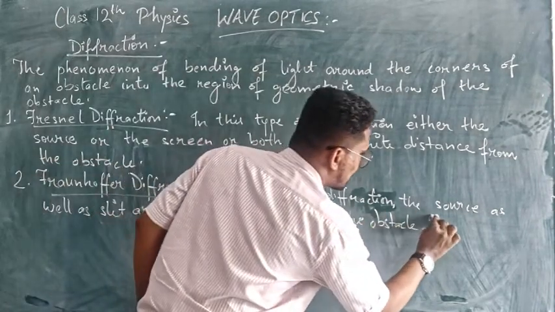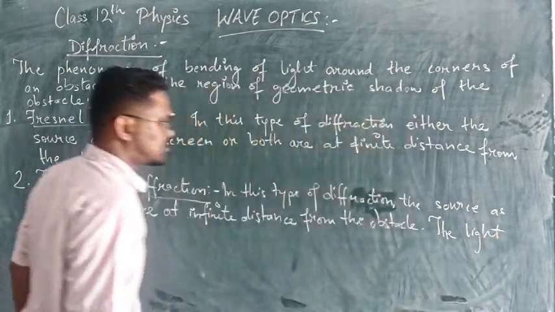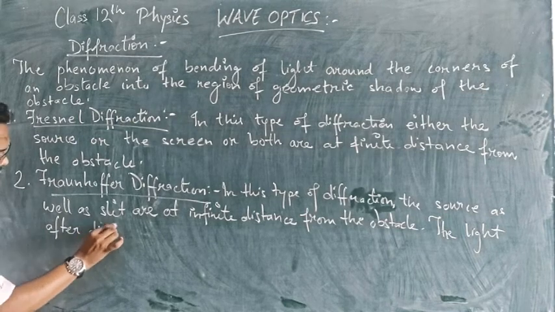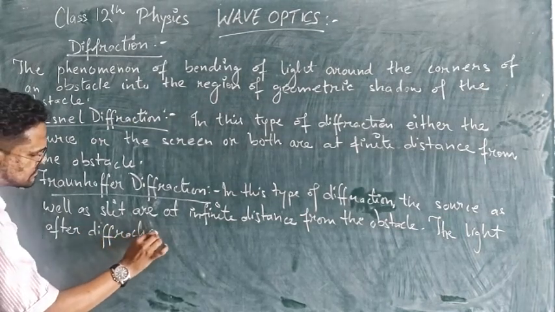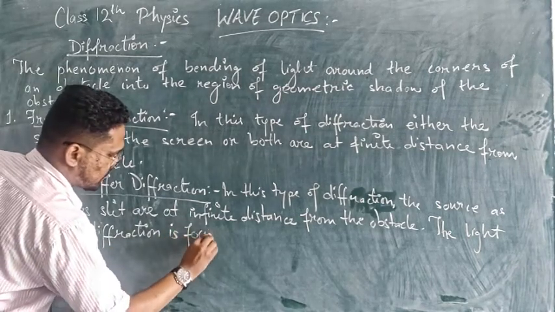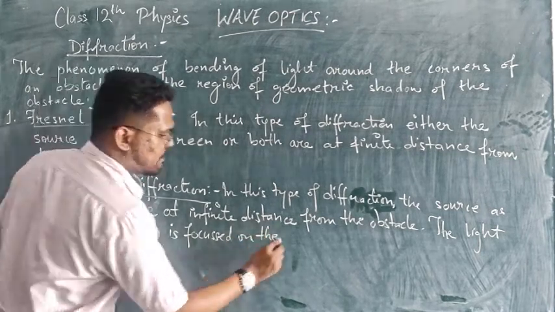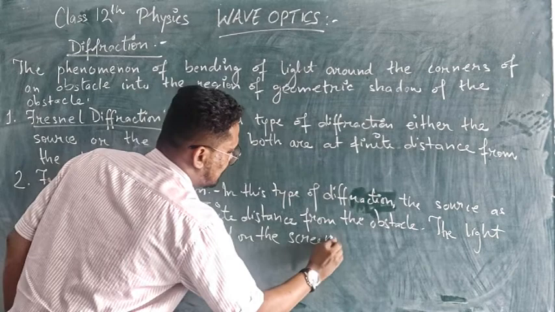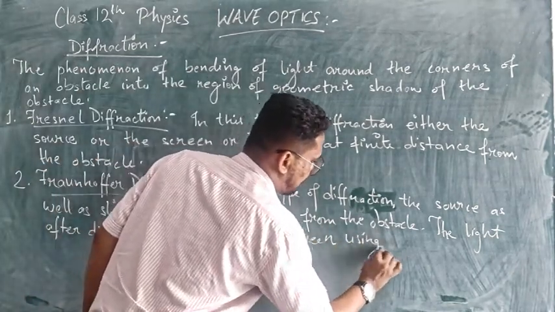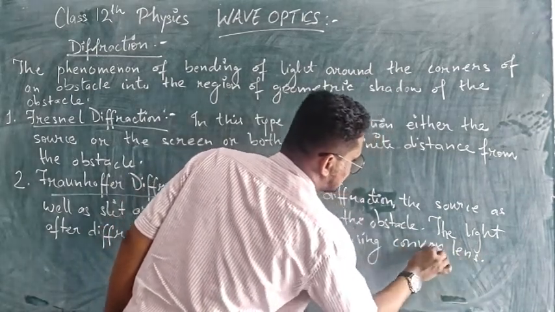So the light after diffraction is focused on the screen using a convex lens.